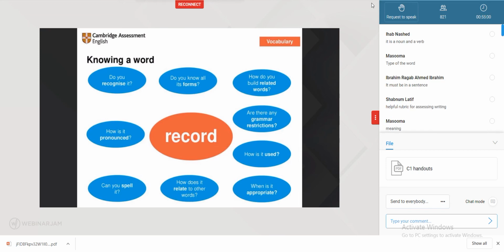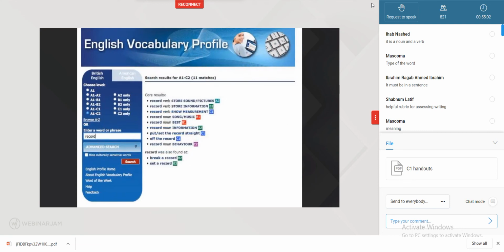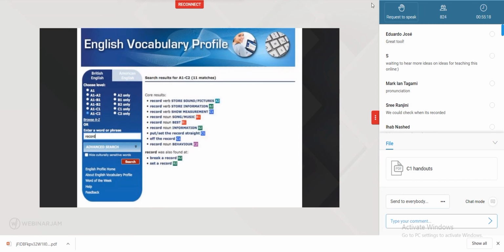And a really useful resource for helping students with this is the English Vocab Profile, which was an ongoing project between Cambridge Assessment English and Cambridge University Press for the last 20 years, a huge corpus project. How is this useful, Victoria? Well, it is useful because you can see how the words are used at different levels, because this is based on students' production.